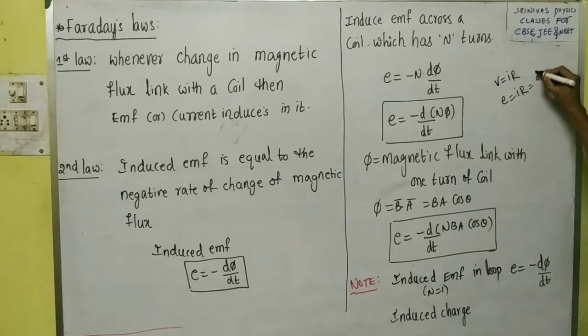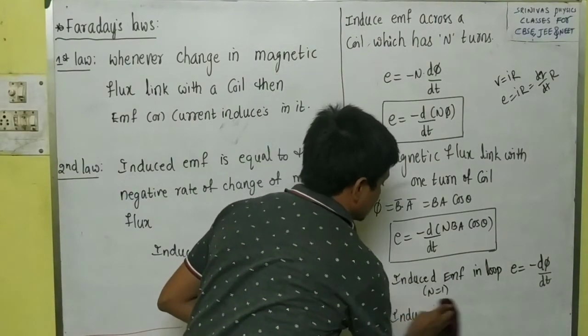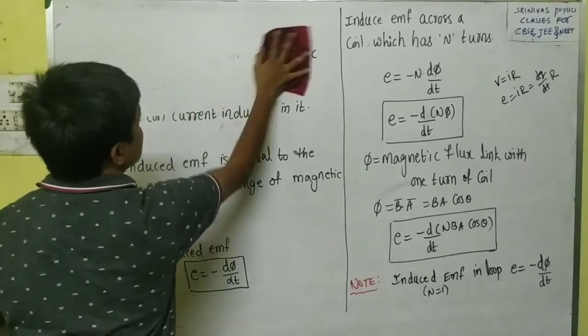I we write as dq by dt. So E is equal to IR, with I as dq by dt, into R. This dt will cancel, and then you can simplify it. We can go for some more steps. I will rub this side and continue. In the note point I am going to give, that is induced charge.